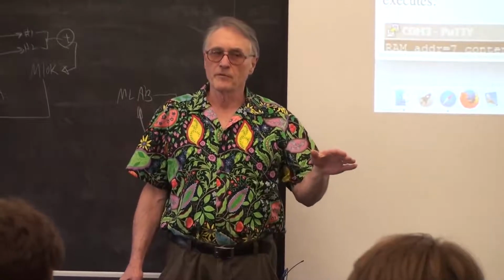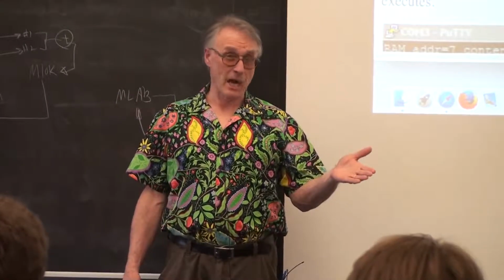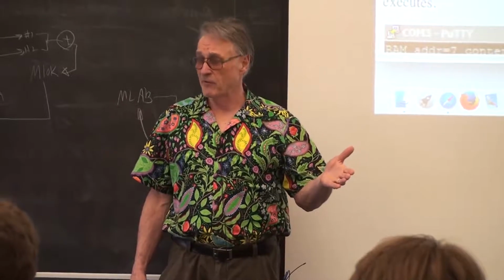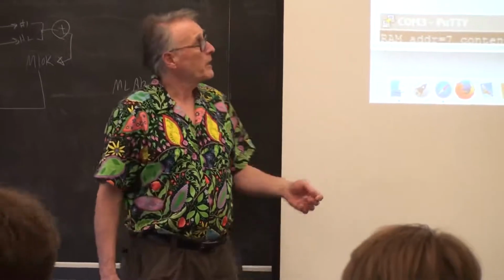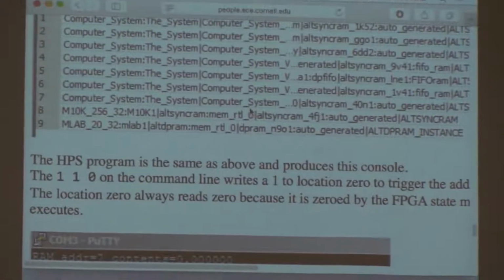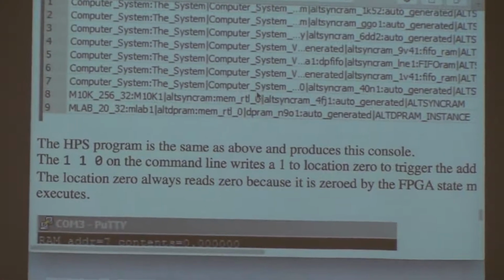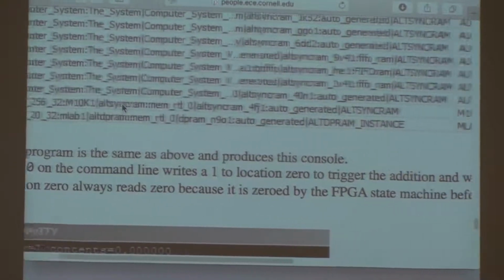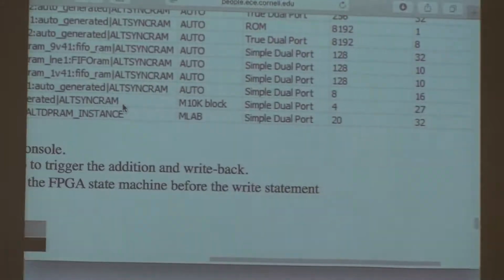So if you've inferred an M10K block, make sure it's there, because otherwise it's been optimized away, probably because of a mistake. The other thing is that this M10K block I specified as a 32-bit by 256 word, as you might be able to guess from the name here, was actually instantiated as a 4 by 27 because I was only writing 27 bits and I only wrote 4 words.